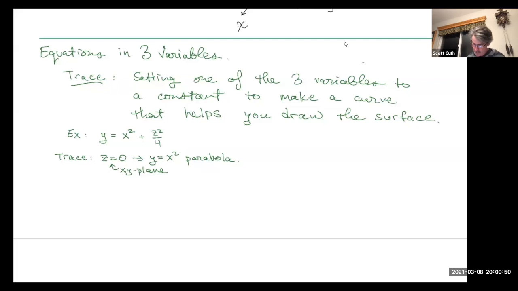And so just as easily, we would do x equals 0. Okay, and of course that'll be y equals z squared over 4. Okay, again, a parabola. Now where x is 0, that's the yz plane.